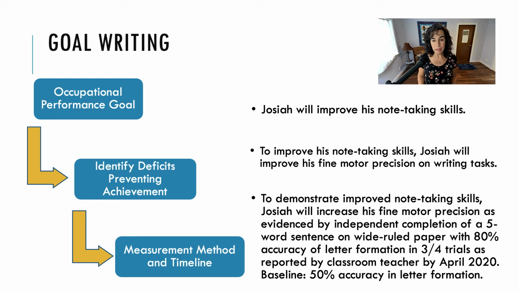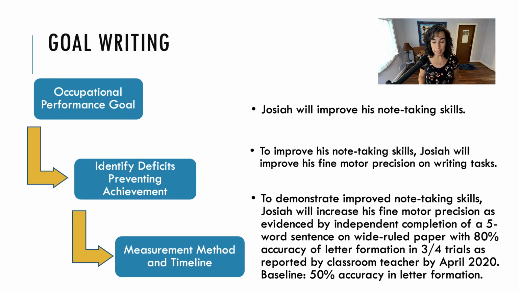Here's a final look at that with all 3 of the aspects of the goal writing included. So we have his performance, we have an identification of what's preventing achievement, and we're addressing that in particular in our goals and therefore in our intervention plan. And then we make it measurable and we add a timeline.